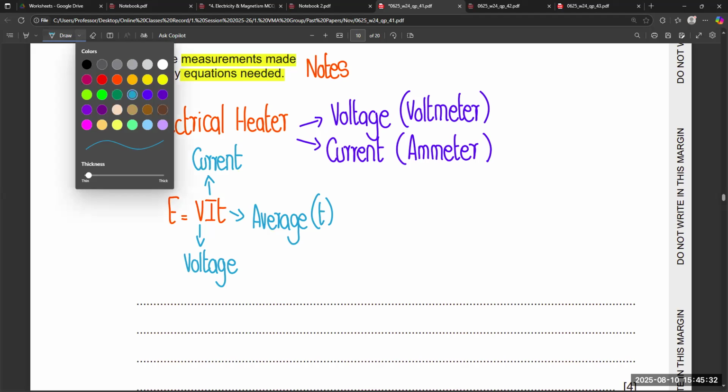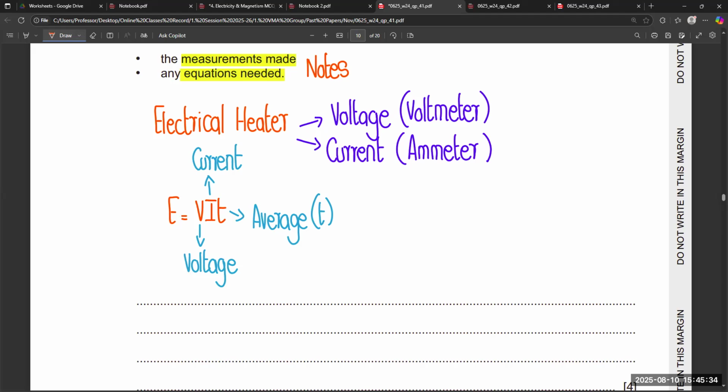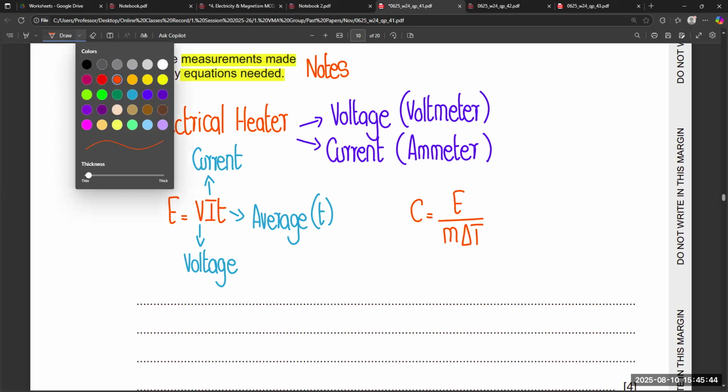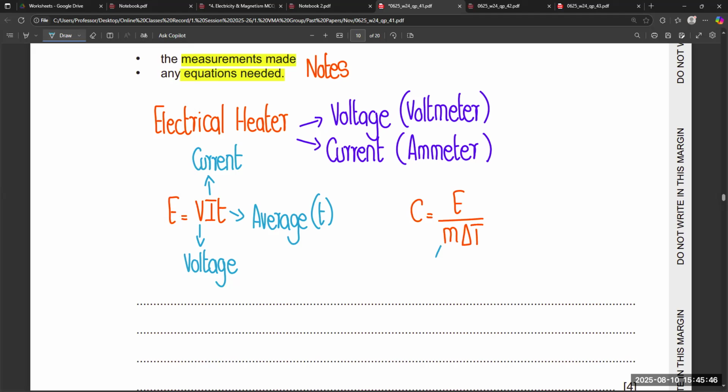So this helps us to find out the value of energy, and finally we can find out specific heat capacity by using this formula. And we can measure the mass with the help of an electronic balance, and we can measure temperature with the help of a thermometer.